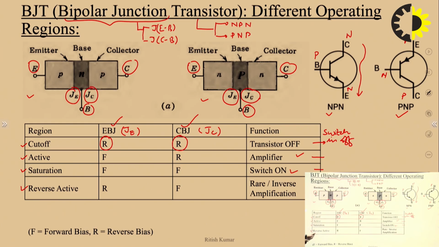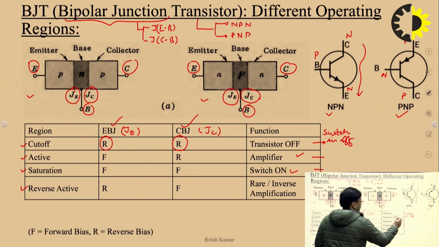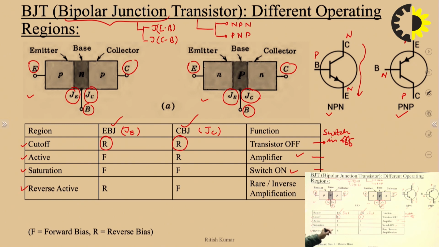And the last one, the fourth one, is the reverse active region, in which you have to connect the emitter base junction in the reverse bias while the collector base junction is in the forward bias. Then we have a reverse active region, because in the active region the BJT acts as an amplifier. So in the reverse active region it will act as an attenuator, or inverse of amplification, that is also known as attenuator.